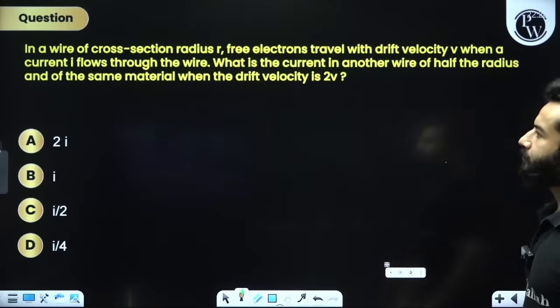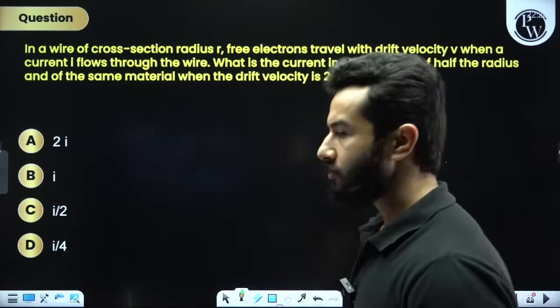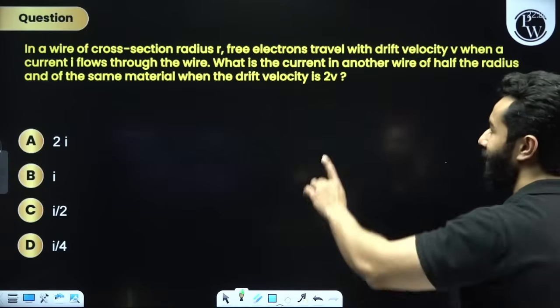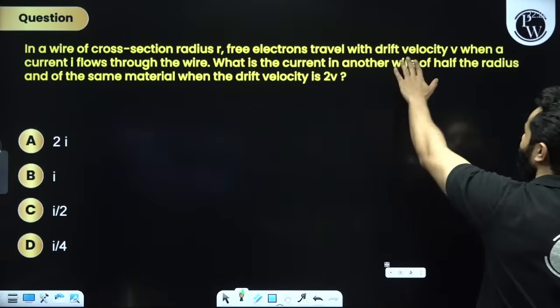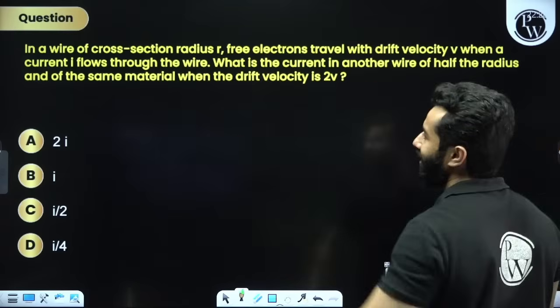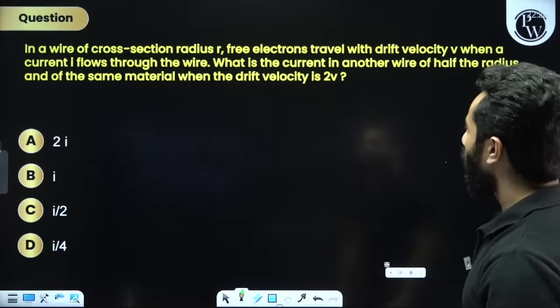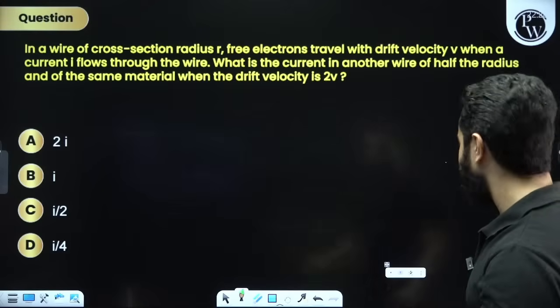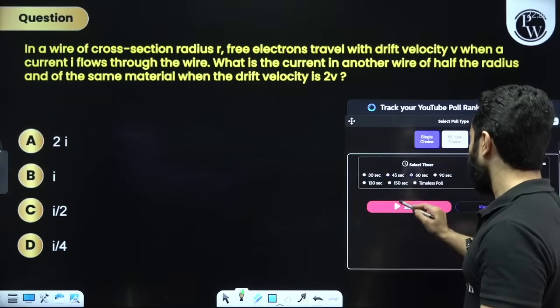Let's solve this. In a wire of cross section radius R, free electrons travel with drift velocity V when a current I flows through the wire. What is the current in another wire of half the radius and same material when the drift velocity is 2V? 60 seconds, let's start.